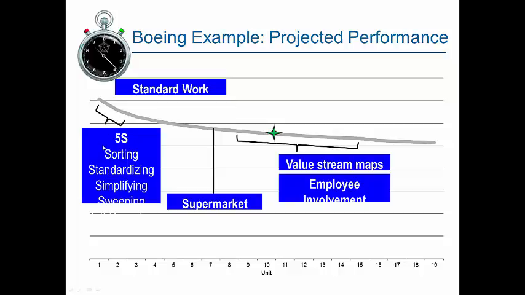And so 5S we know about, they did in order to make some improvements here. Standard work operation, standard operating procedures, which we learned about early in the quarter. The supermarket is a way of managing inventory, and then the value stream maps and employee involvement to bring it down even more. So would you say that these value stream maps and employee involvement are worker contribution or company contribution?